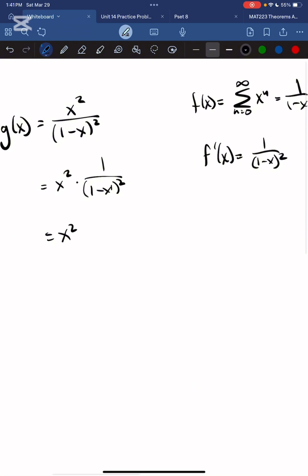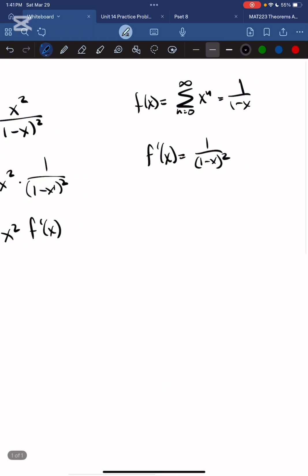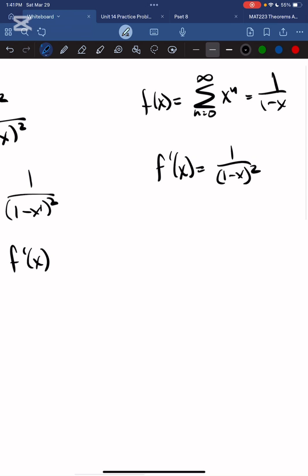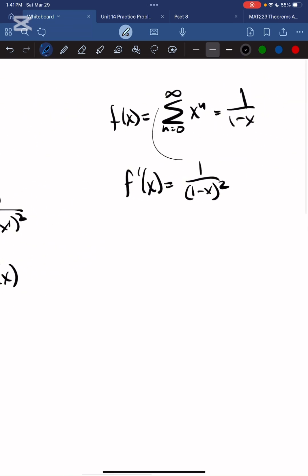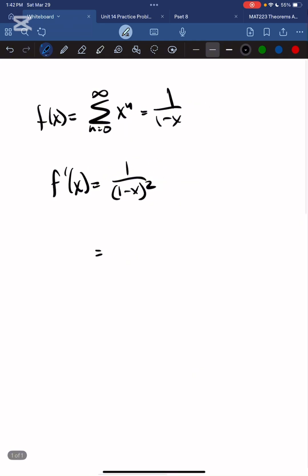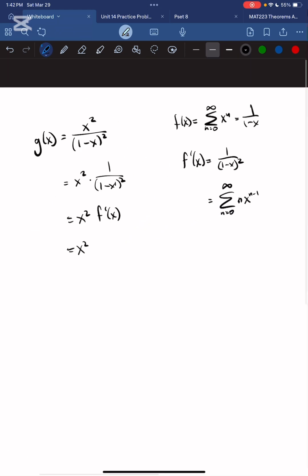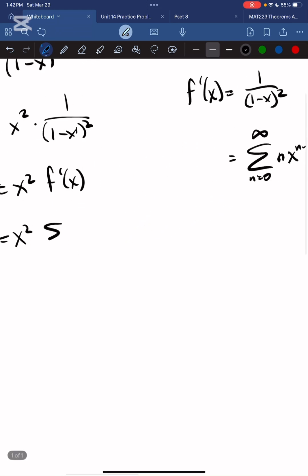So this is equal to f prime at x. Meaning that this is equal to x squared, and f prime at x is just the derivative of this. F prime at x is n x n minus 1. So we can write this as an infinite series of n times x n minus 1.